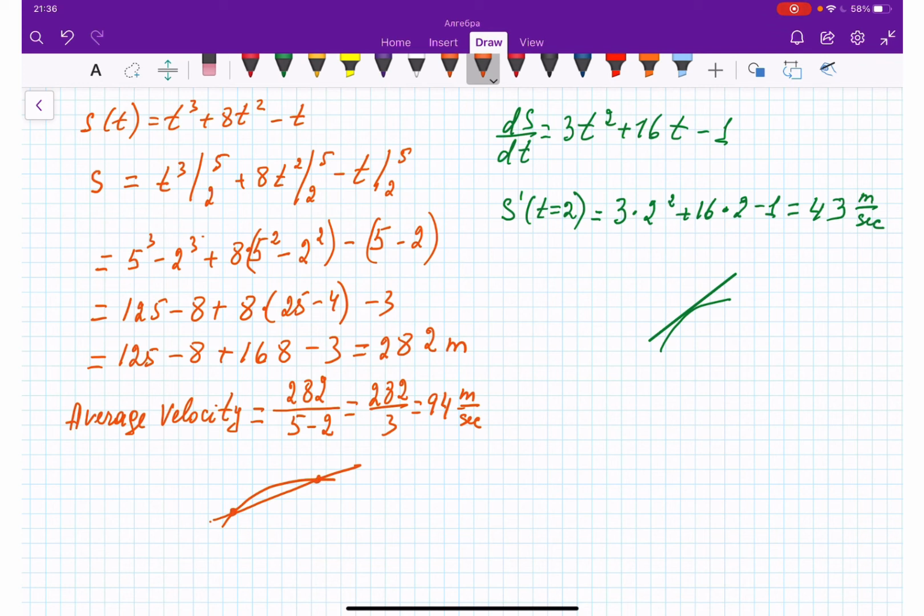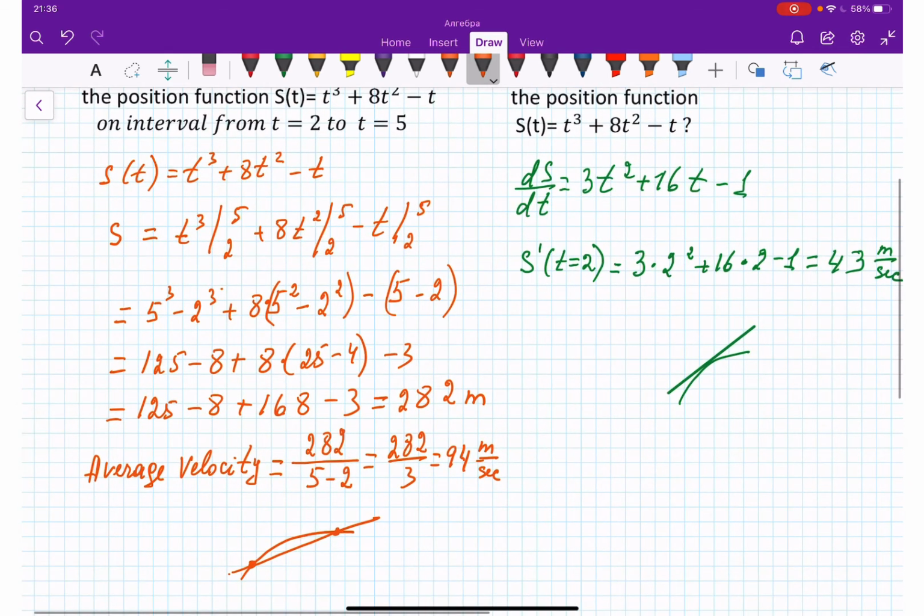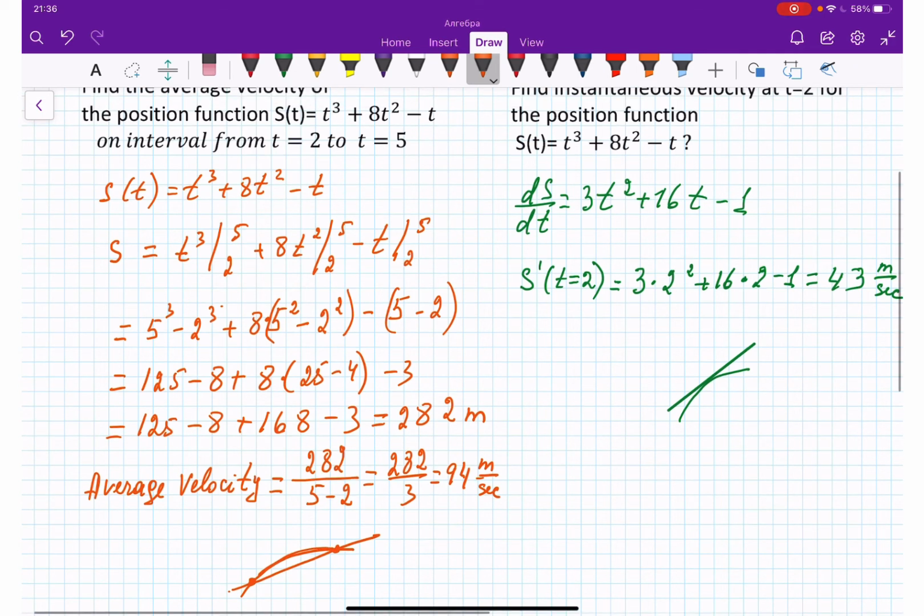That's why we take the distance it drove from here to here, and we divide by the interval from point A to point B. Now we understand the difference between instantaneous and average velocity.